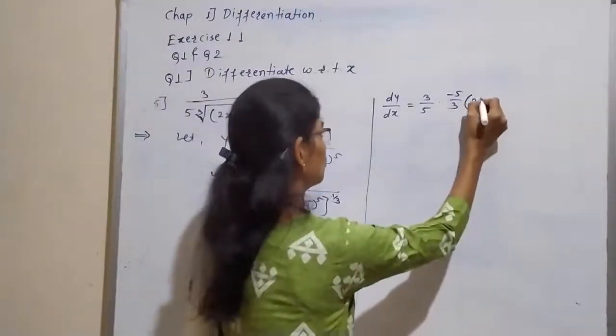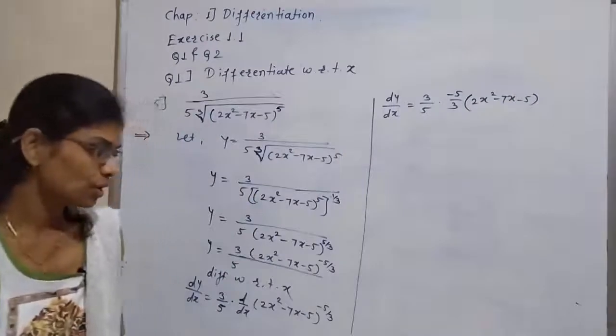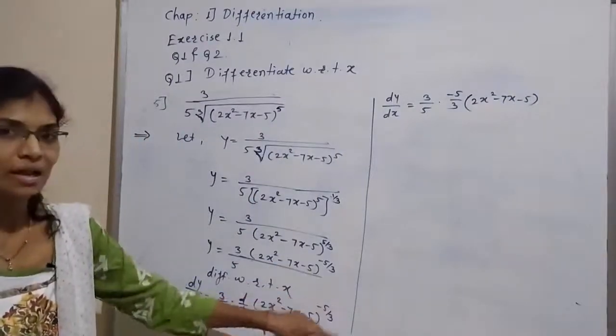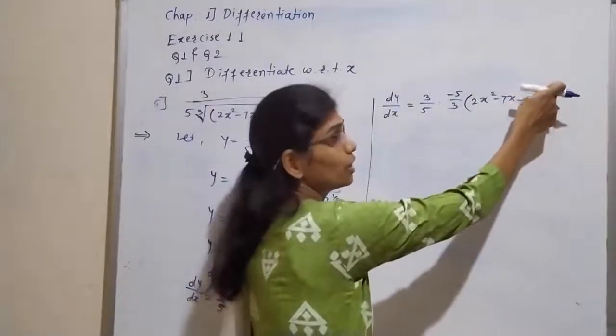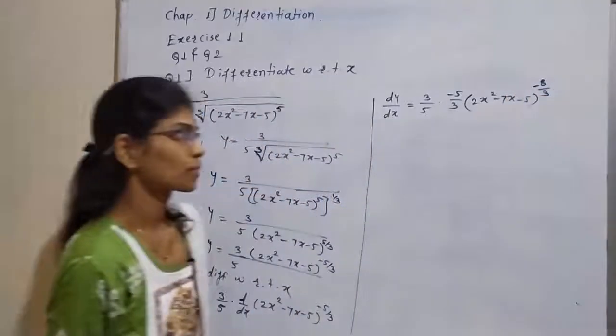That is (2x² minus 7x minus 5) raised to minus 5 by 3 minus 1, that is minus 8 by 3.